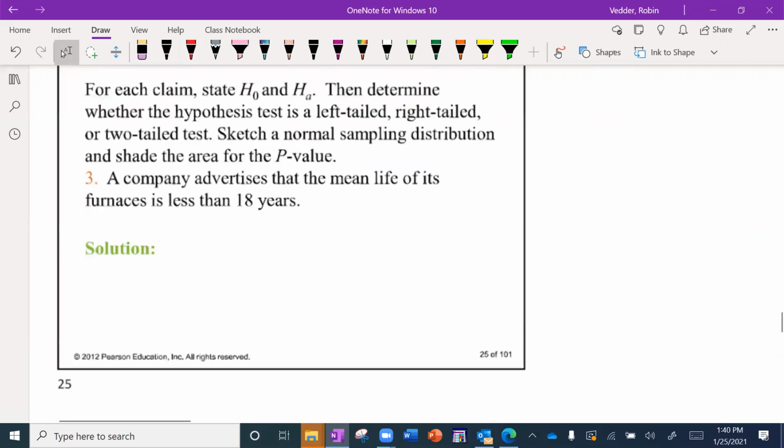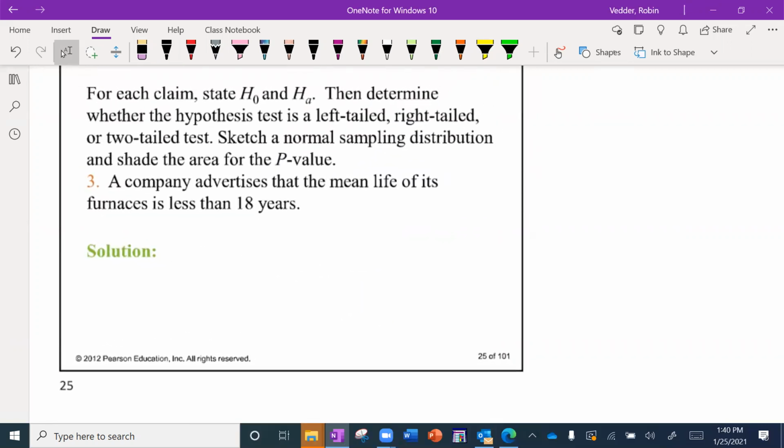Sure, absolutely. All right, a company that advertises the mean. All right, I see that, and I'm immediately writing the parameter. The company advertises that the mean life of its furnaces is less than 18 years. What symbol is less than?